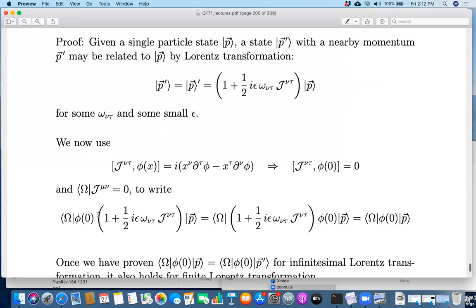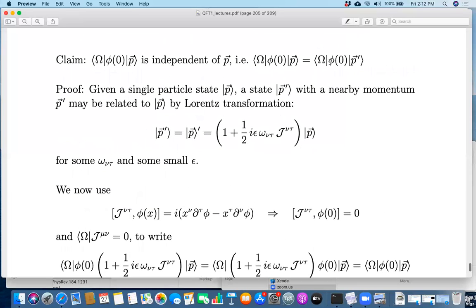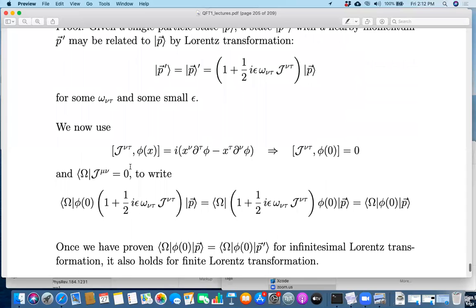So now we try to compute this object, <Omega|phi(0)|p'>. For p prime, I substitute this. So you have <Omega|phi(0) and then this operator acting on p. The first thing we do is to use the fact that J and phi commute to take this operator on the left of phi. That's here.